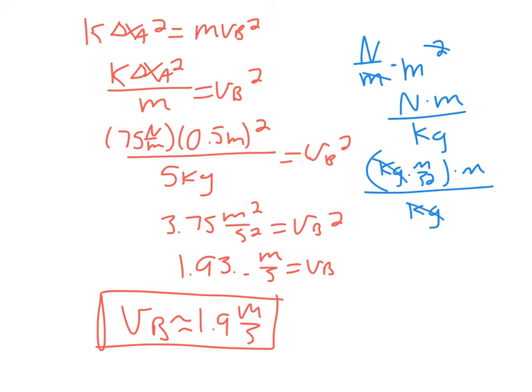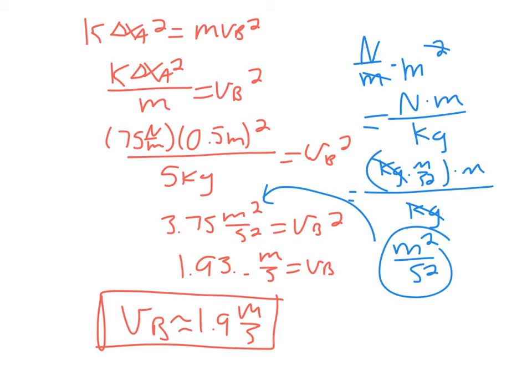That cancels out those kilograms, leaving us with meters squared per second squared, which are the units for V squared. Square root of those is how we got our meters per second. So when I say look at the units, if you made a mistake anywhere, these units are going to really kind of clue you into that. Just break everything apart and kind of see how those work out.